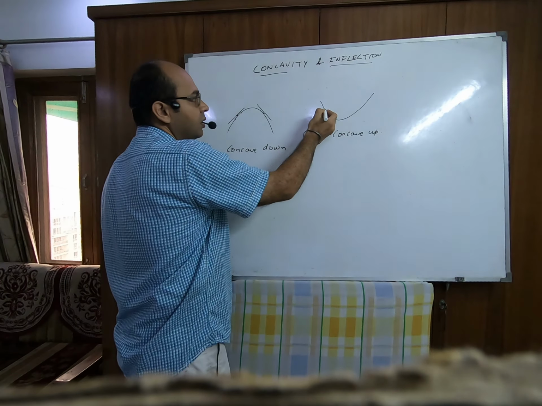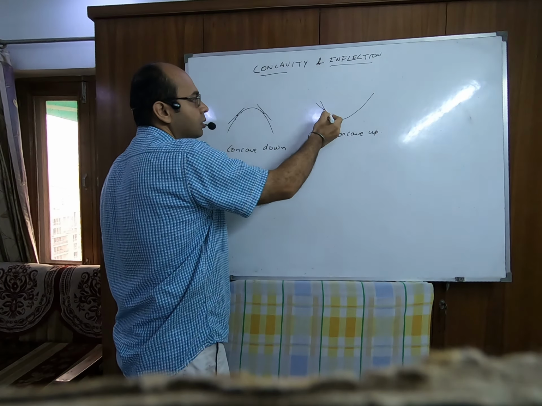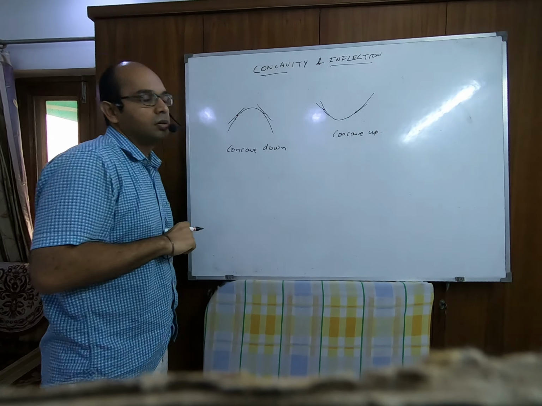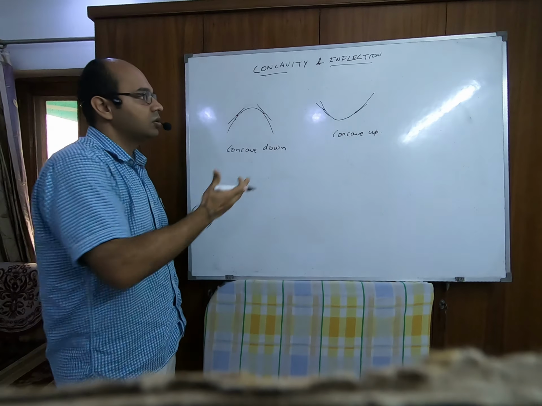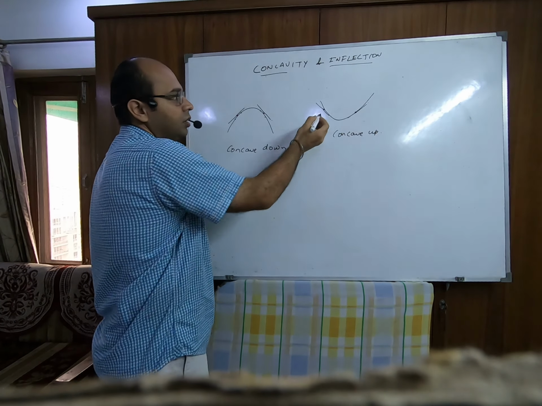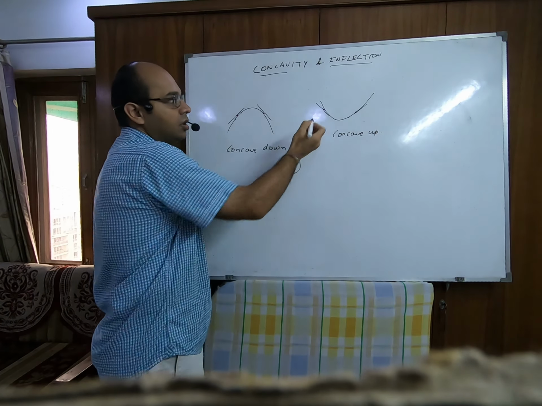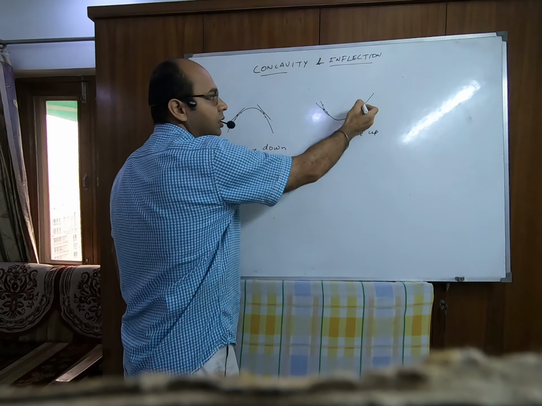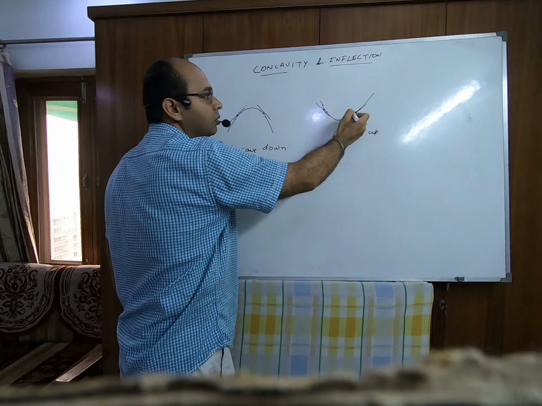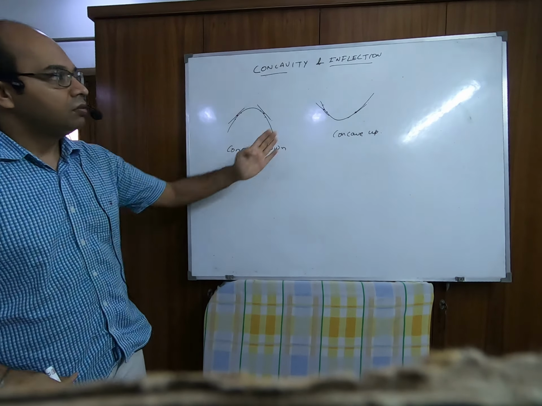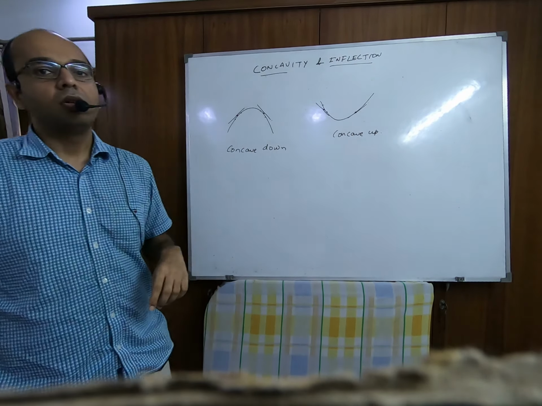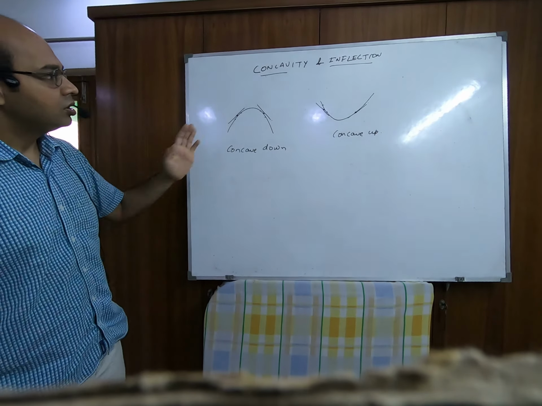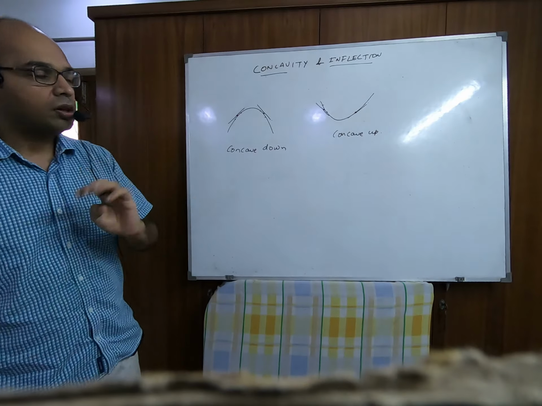Whereas if I draw tangent lines on a curve that is concave up, the tangent line is below the curve in the vicinity of the point where concavity is being discussed. Right, so this is a more formal definition.